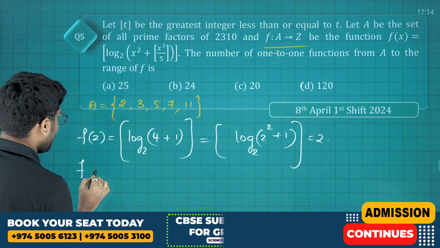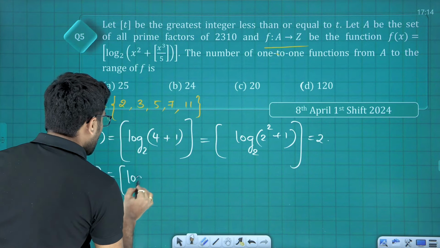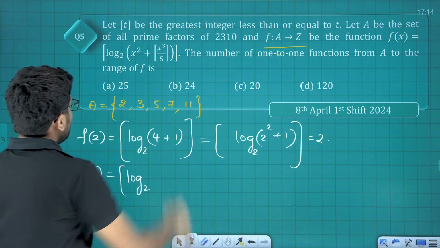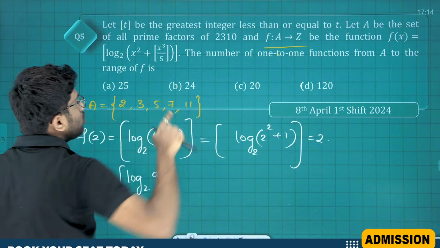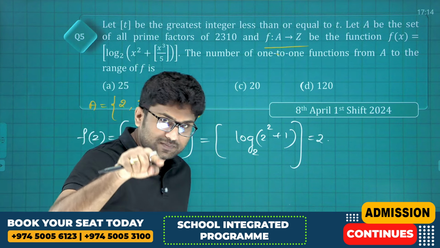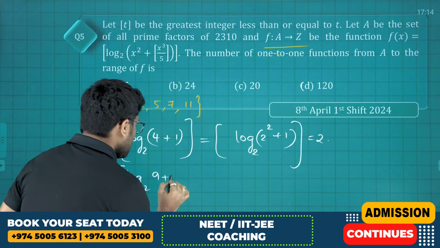In the same way, let's find f of 3. f of 3 is equal to step of log to the base 2 of 3 square, 9, plus 3 cube, 27 by 5, that is 5 point something. Step of 5 point something is 5.